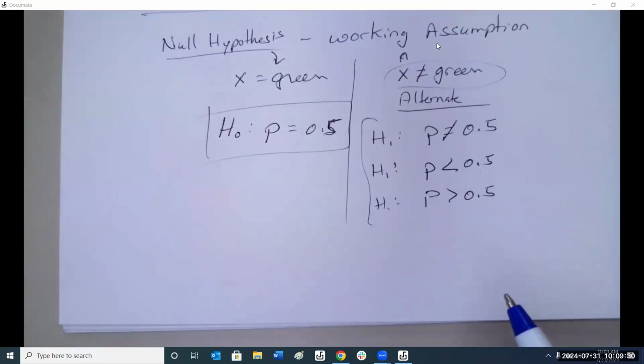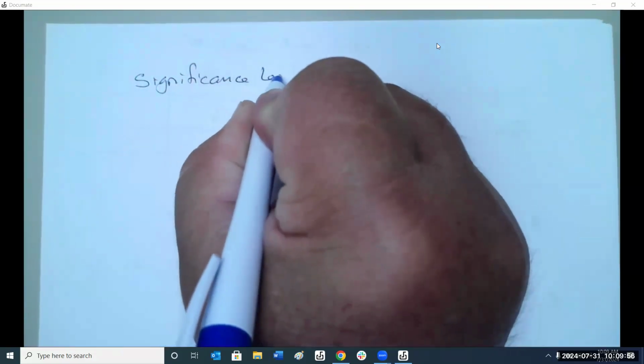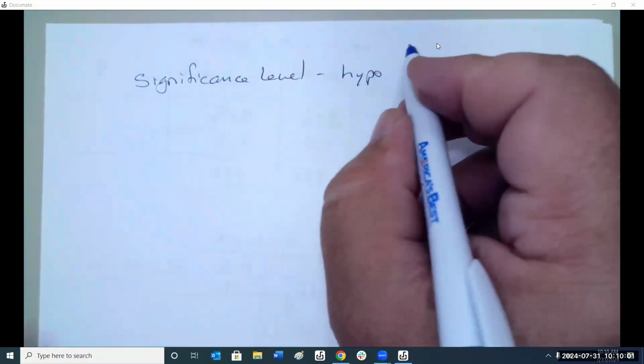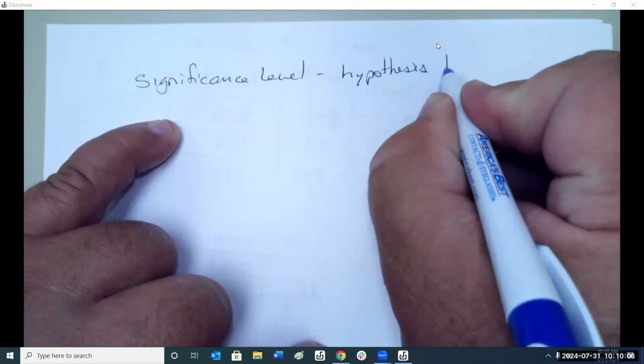I'm trying to find an example. Because there are significance levels with hypothesis testing.